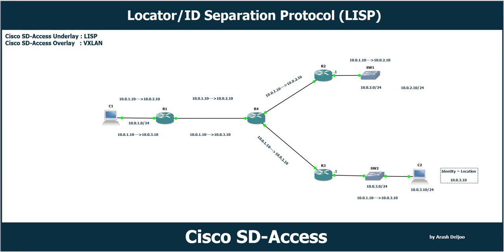You can better understand my words when I explain LISP, and then you can understand the difference between identity and location. Now assume I want to introduce a new method of forwarding. It is very interesting.